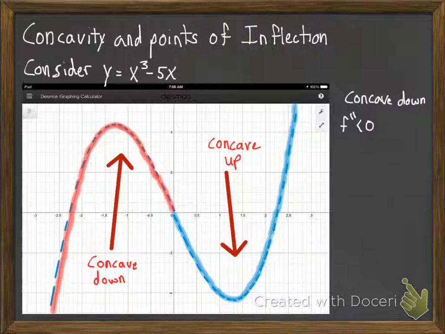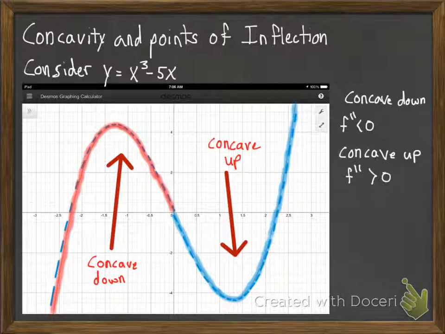So when the second derivative is negative, we're concave down, and then we're concave up when the derivative of the derivative is positive. In other words, when the derivative is increasing. So when the second derivative is positive, we're concave up.